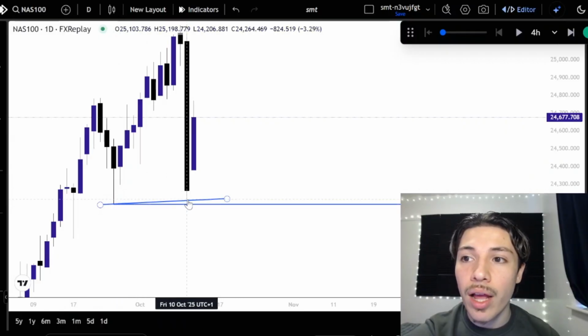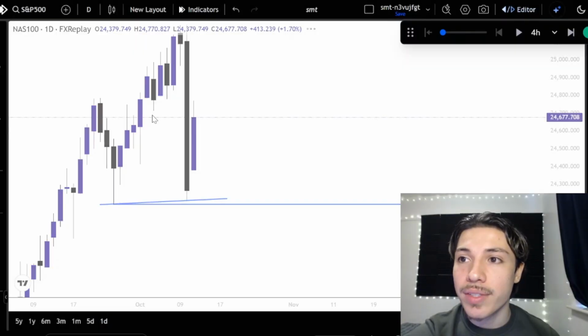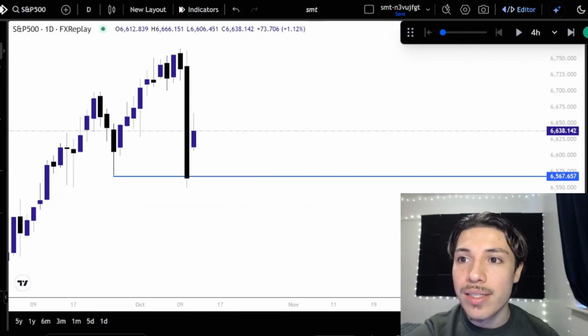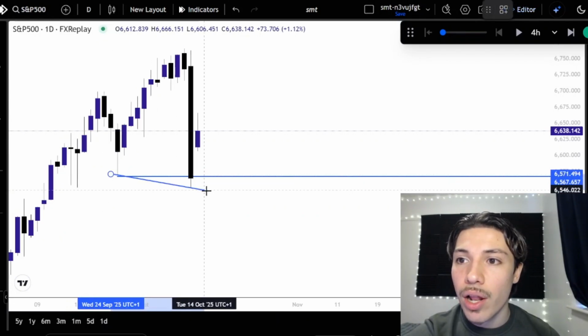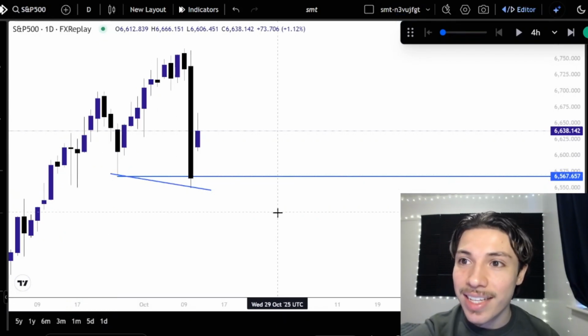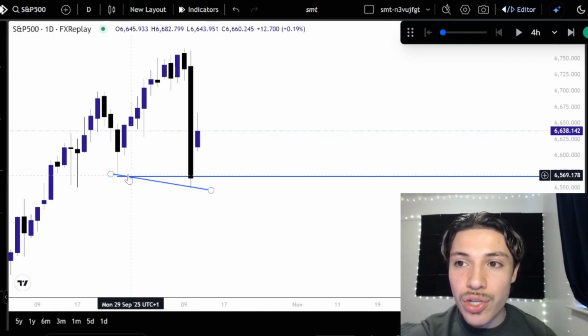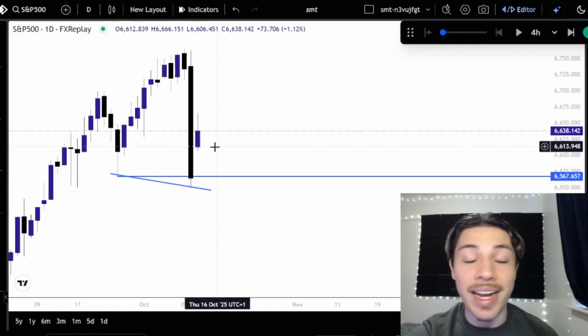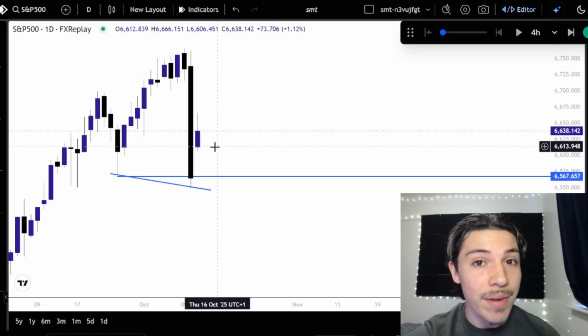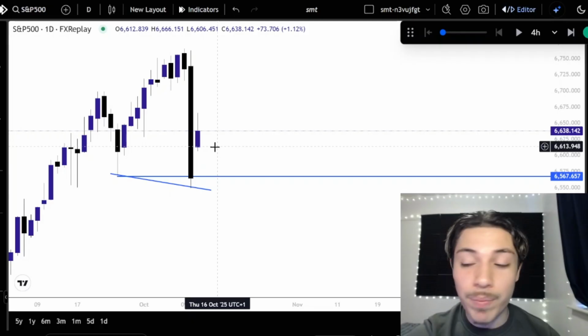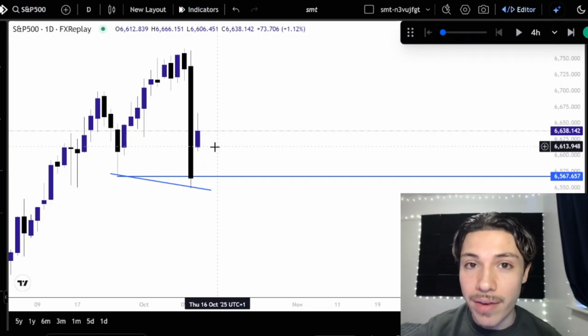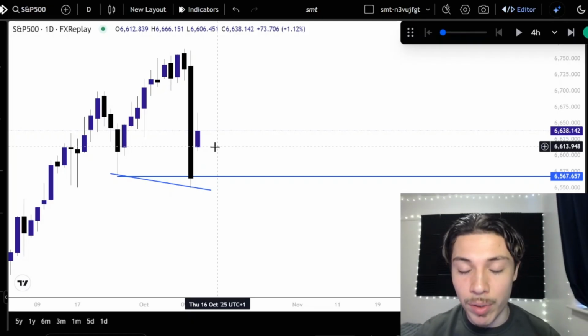Low, higher low, quickly over to the S&P 500, we can see low, lower low. Makes sense? The S&P has swept out this drawn liquidity for the Nasdaq, and this is on the higher time frames. If you can identify a higher time frame SMT, that's even better than identifying a lower time frame SMT, because at the end of the day, guys, remember, higher time frames hold higher power.